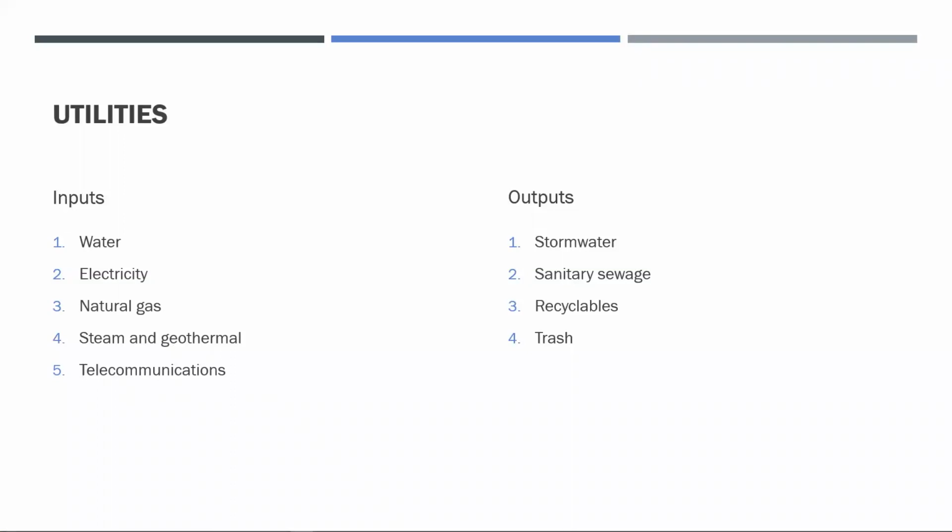Now, many land users require continuing inputs of resources such as potable water and electricity. With increasing attention to resource conservation and sustainability, these inputs may be generated on-site through cisterns, solar panels, wind turbines, and other small-scale technologies.